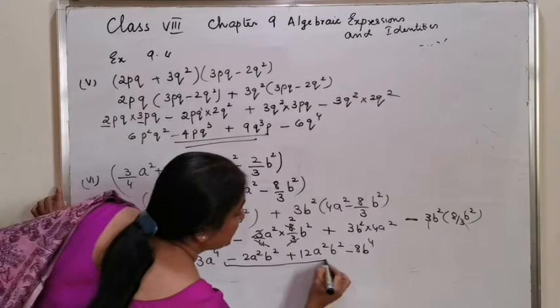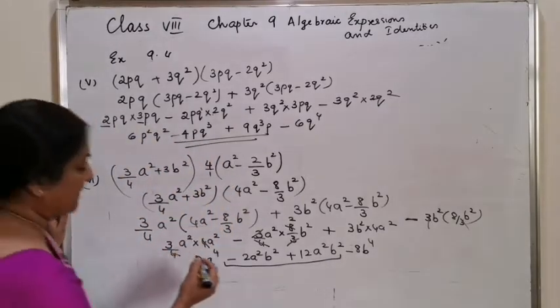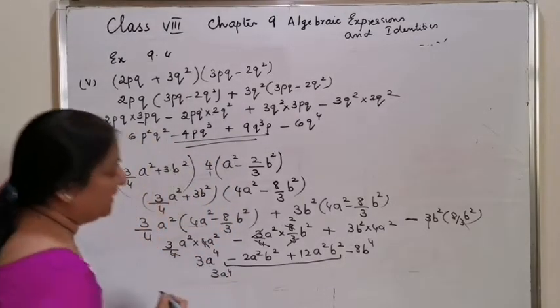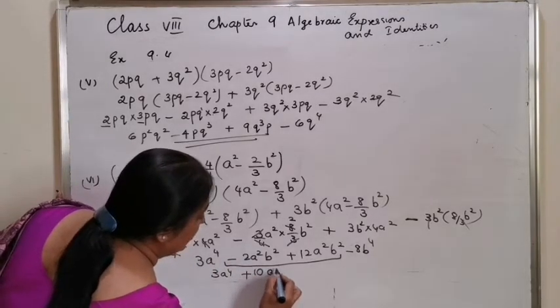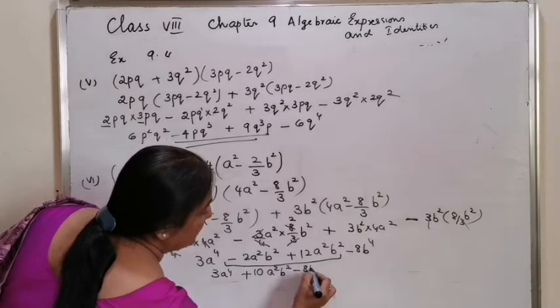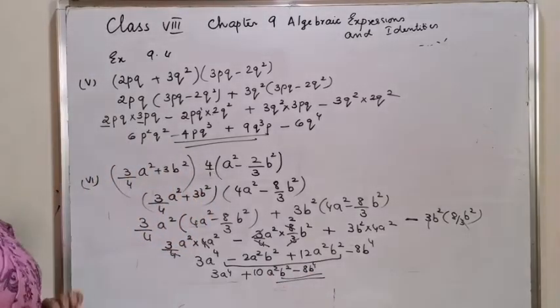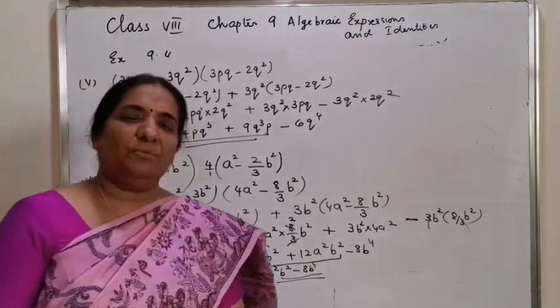So these two terms can be simplified. So what's the final answer? 3a to the power of 4 minus 2 plus 12 is 10, plus 10a square b square minus 8b to the power of 4. I hope it is clear.